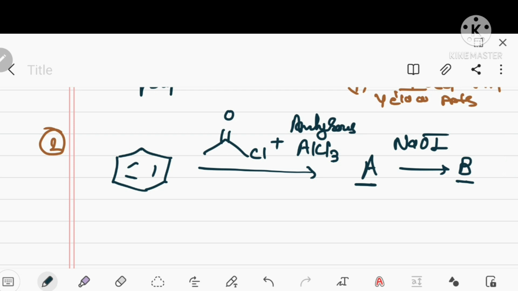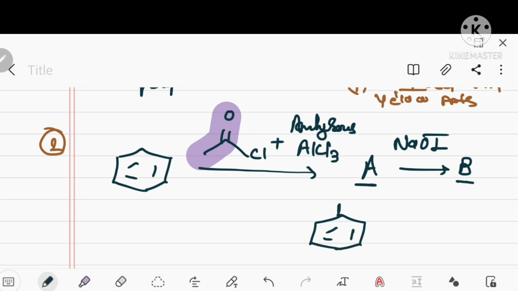If you are smart, you can easily see that the first step is Friedel-Crafts acylation. The acyl group is attached to the benzene ring, forming acetophenone, C double bond O CH3.